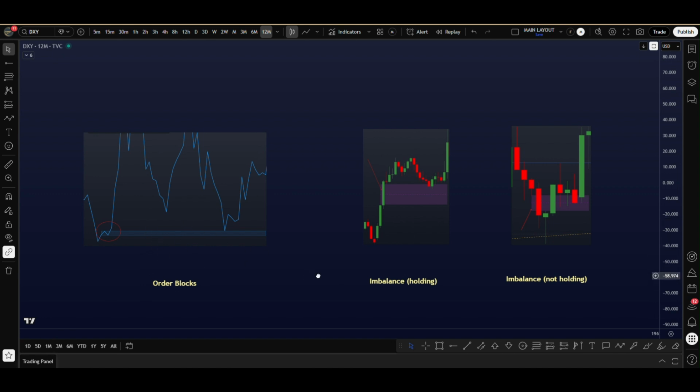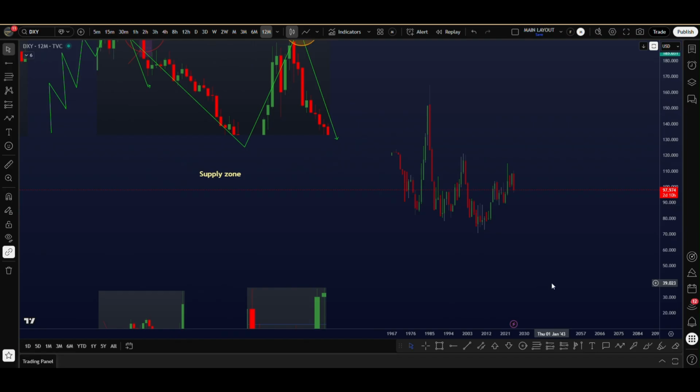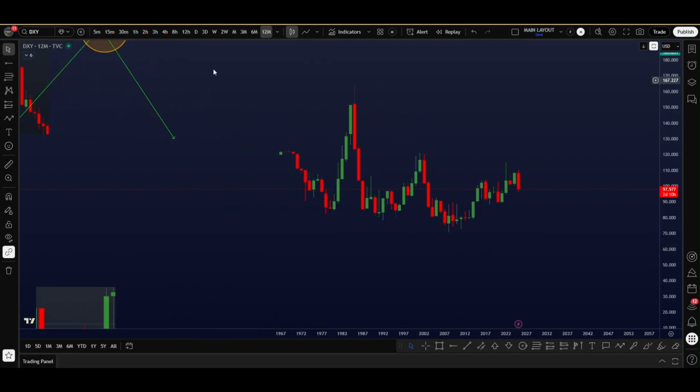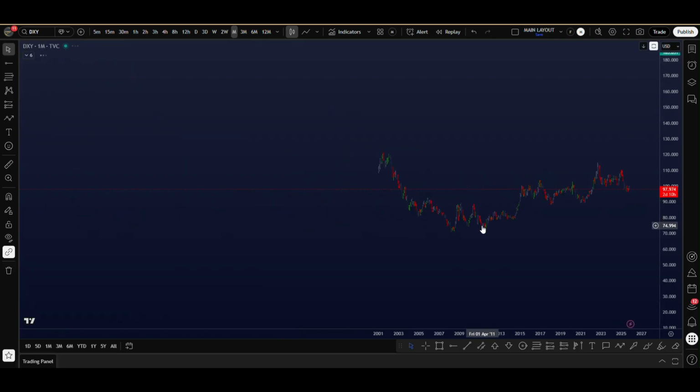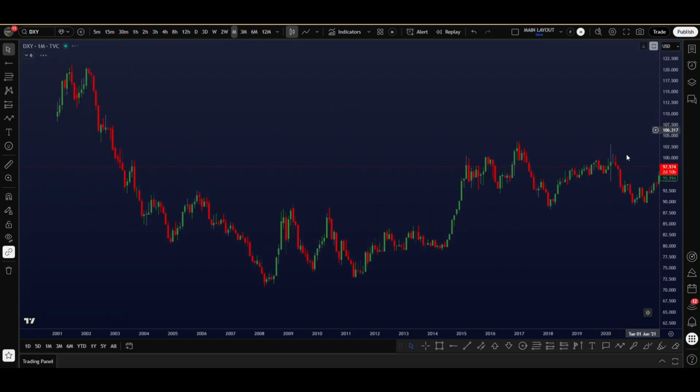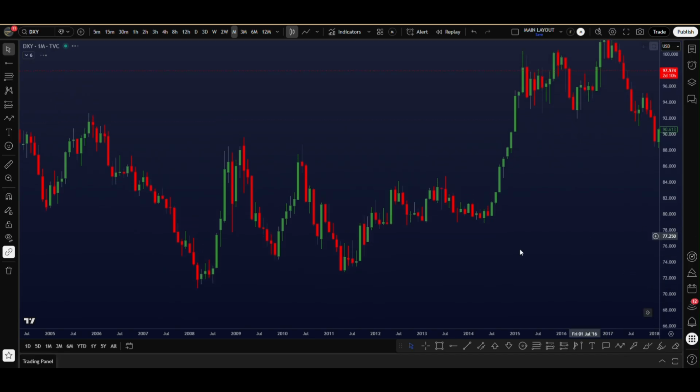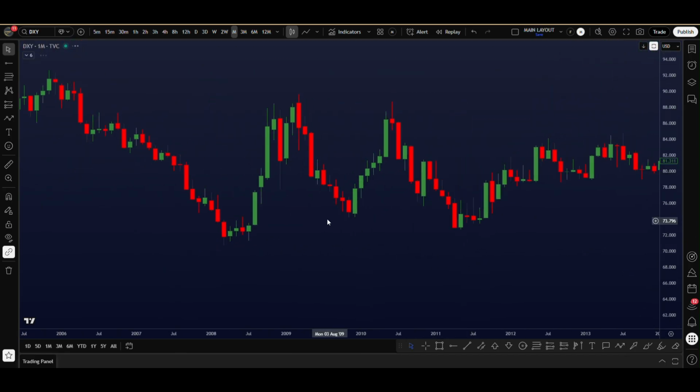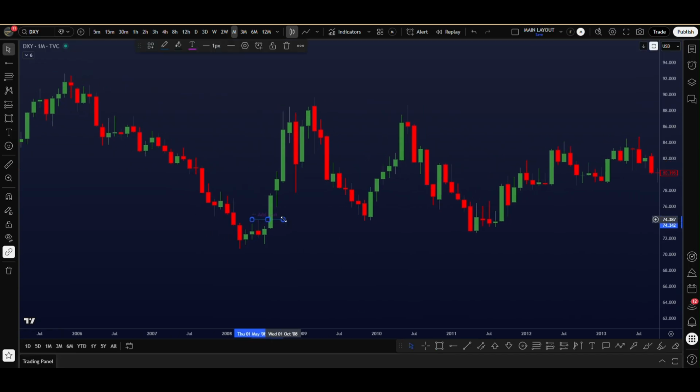So let's go to the chart. This is the DXY. For example, let's go to the monthly. Yeah, it's the same example I use. You can see we have a strong movement. Let me draw it. This is a demand zone because we have an accumulation, a consolidation, a base, and a strong move to the upside, leaving behind a gap.